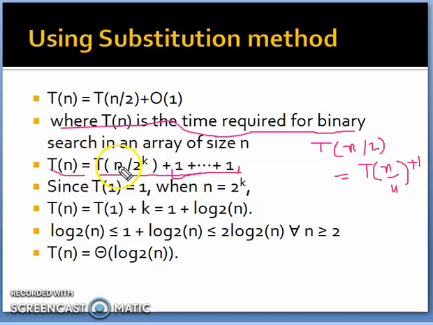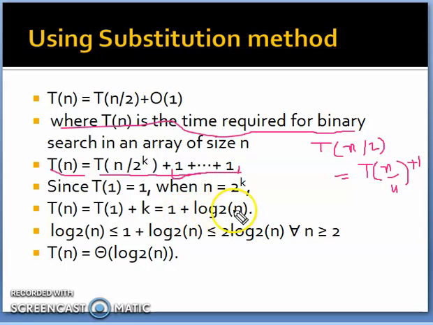Now we will put n equal to 2 raised to the power of k, and therefore this relation is going to be T of 1. T of 1 we already know is 1, plus k. Now for this k we will take log on both sides. So what we get is k is equal to log of n.